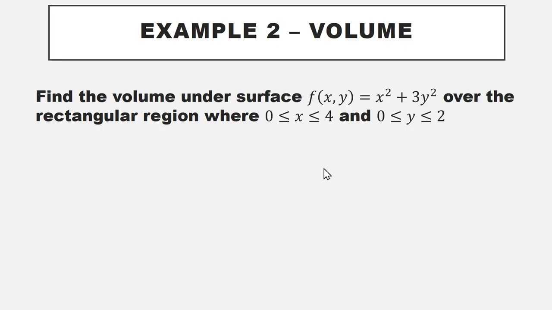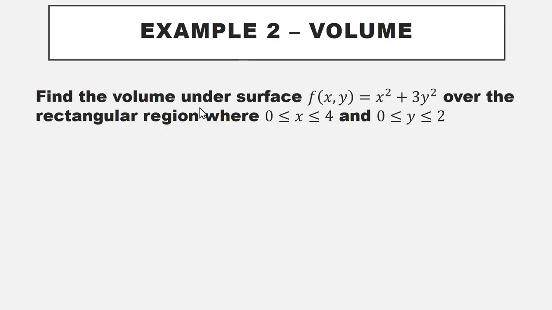Now, before we move on and utilize some of those properties, I want to go back to example 2 and show how some of those properties combined with technology can make our lives a lot easier on some of the double integrations.